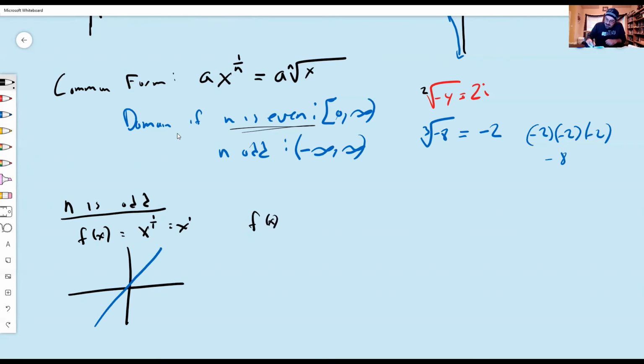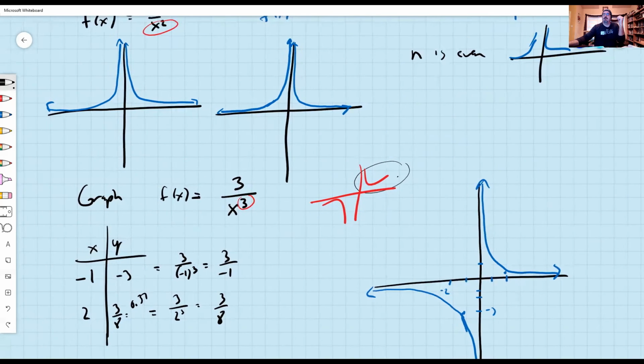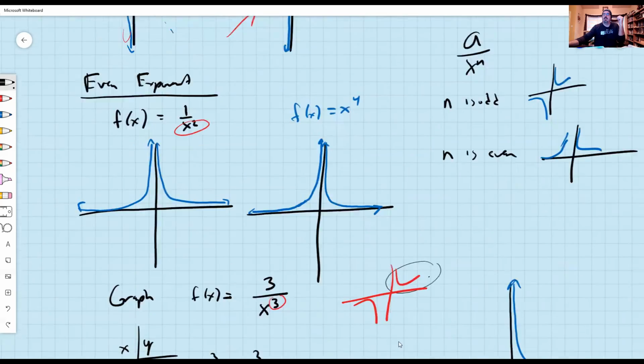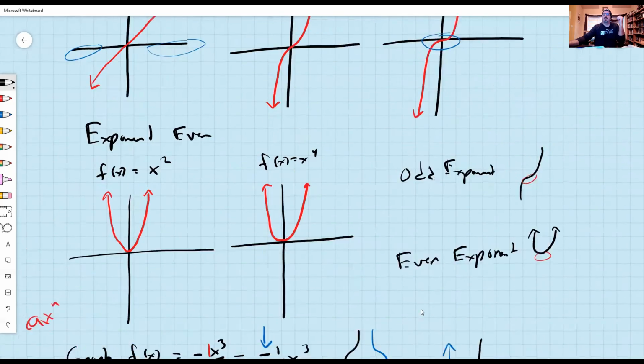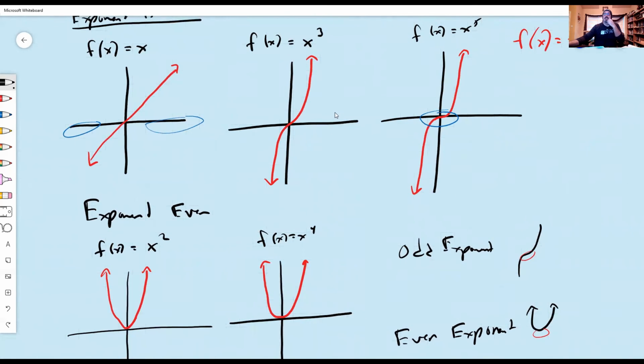If I have f of x equals x to the 1/3, it's going to be these pictures right here, but on their side.